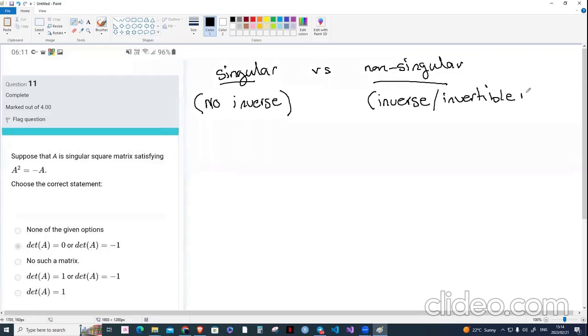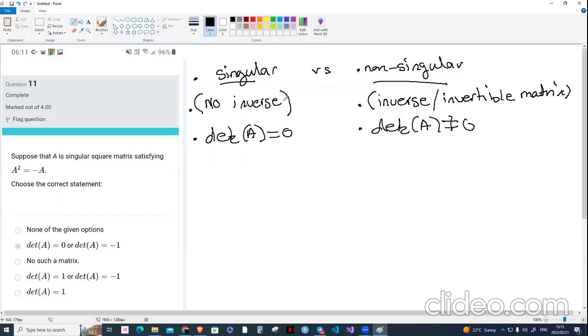Another fact on singular matrix, the one with no inverse, we know that the determinant of A is equal to 0, while for the one with an inverse, the determinant of A is not equal to 0. These are the facts about singular matrix.